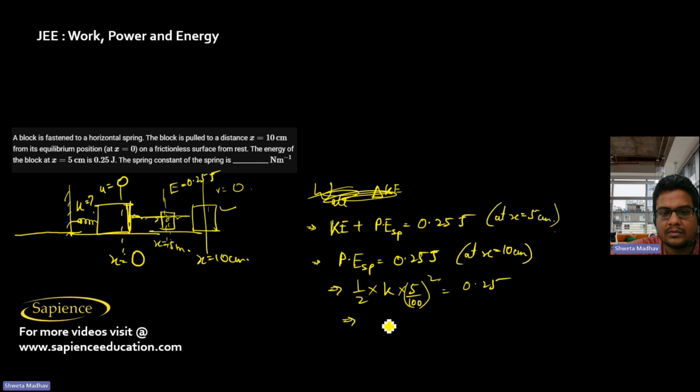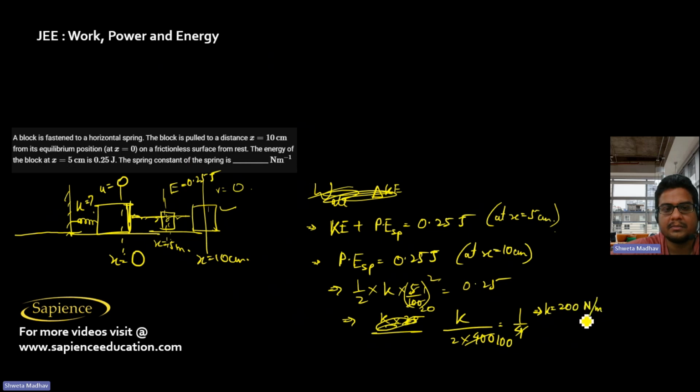So therefore we can say k by 2 into 200 square, that is 400, is equal to 0.25, which means 1 by 4. So the 400s cancel, so K will be equal to 200. 200 Newton per meter is the spring constant.